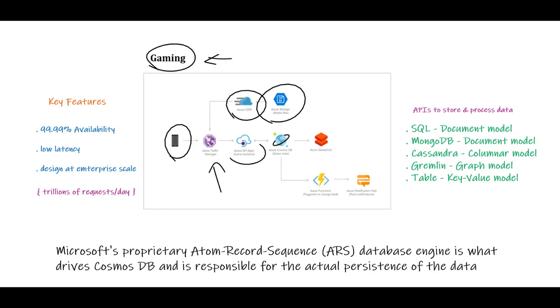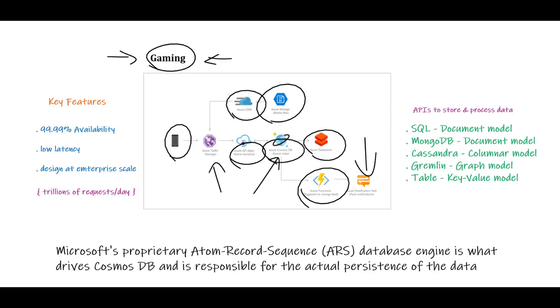Azure APIs can communicate with Cosmos DB to maintain the game state, which can store information inside of Azure Databricks using Azure functions to update the notification hub, send off push notifications. Cosmos DB for gaming. So, as I said, we have IoT telematics, we have retail and marketing, we have change feed, now we have gaming.